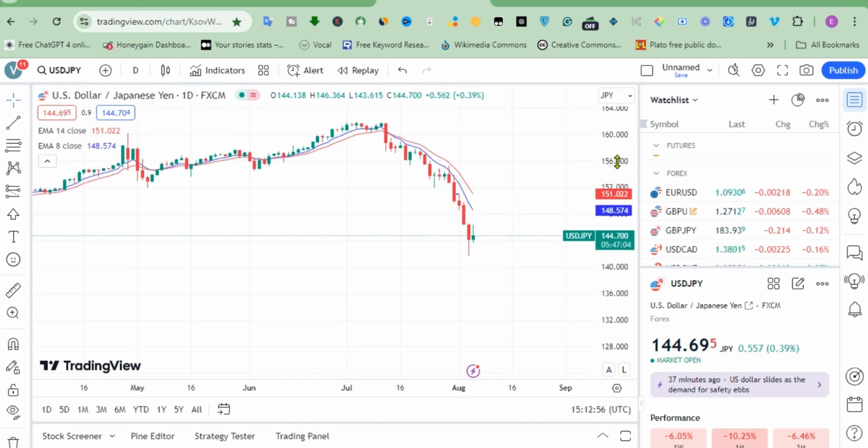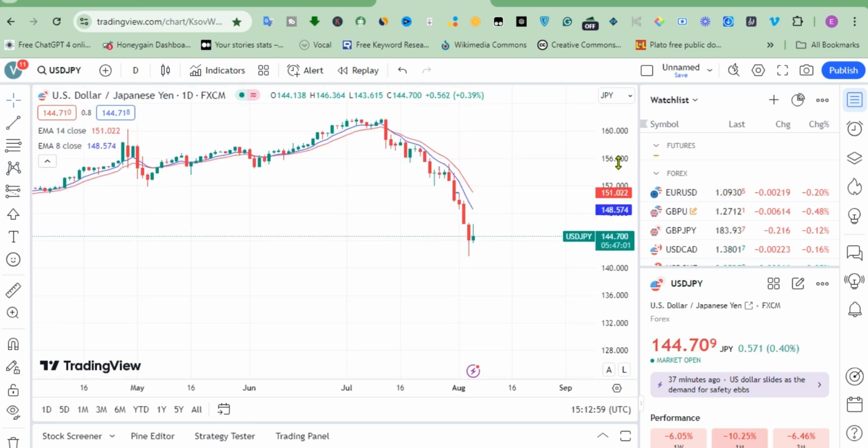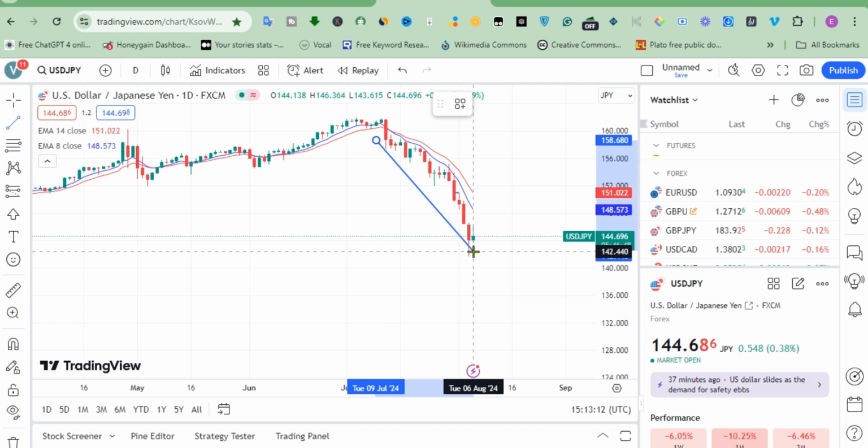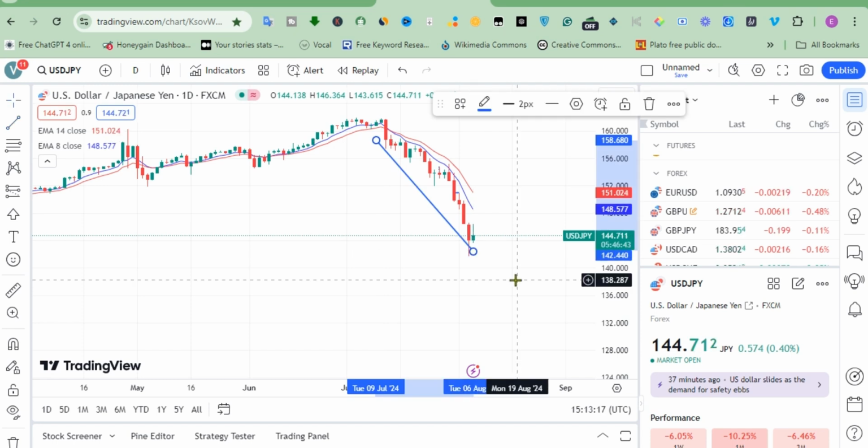You can see in my 1 day here, the trend for US dollar against Japanese yen is a downward trend, meaning it's going down. The market is on the down side, so sell side.